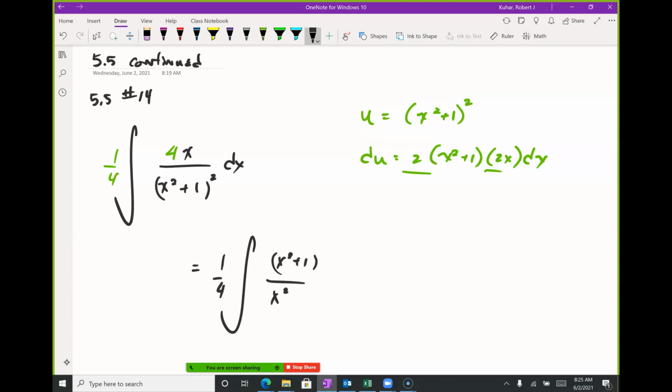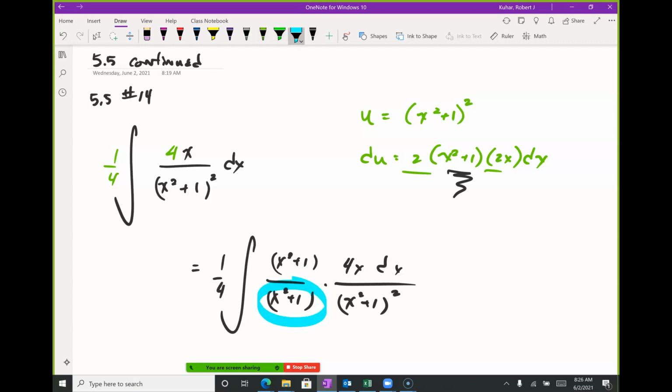I have to cancel it with an x squared plus 1 times 4x dx times an x squared plus 1 quantity squared. So remember I multiplied by the 4 divided by the 4, multiplied by the x squared plus 1, because that's what I need for my du. But I'm going to have a leftover piece here that's especially trouble if it's downstairs. So this is not the way to go.